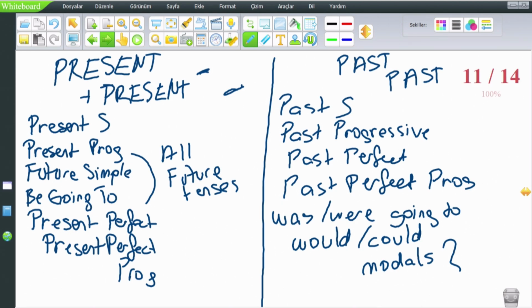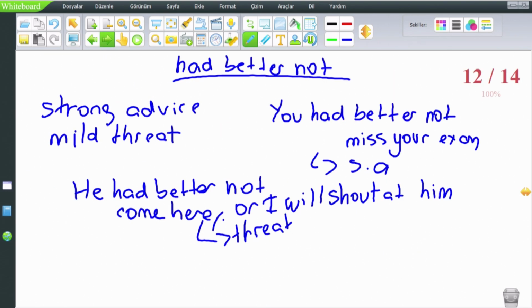Presents with presents, pasts with pasts. Future belongs to the present family, and all the others starting with past or having the past meaning belong to the past family.